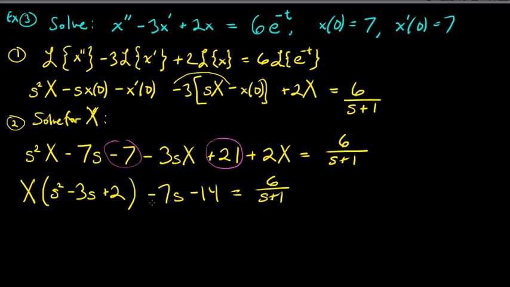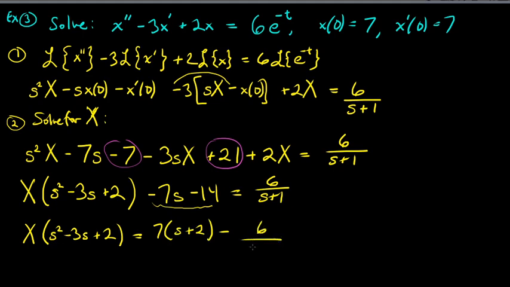Right, so we can bring this over to the other side, add the 7s and the 14. So this is 7s plus 14. Oh, you know what? Why don't I just factor out the 7? Right, so this is going to be 7 times s plus 2, minus 6 over s plus 1.